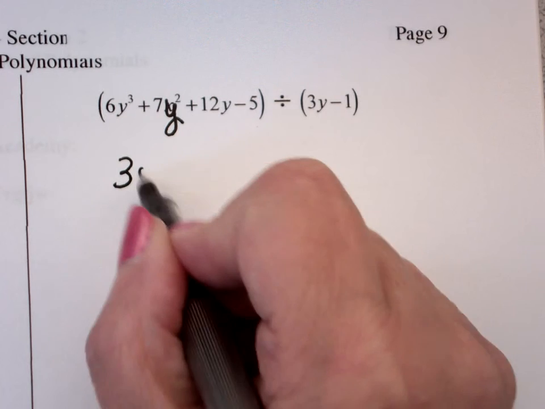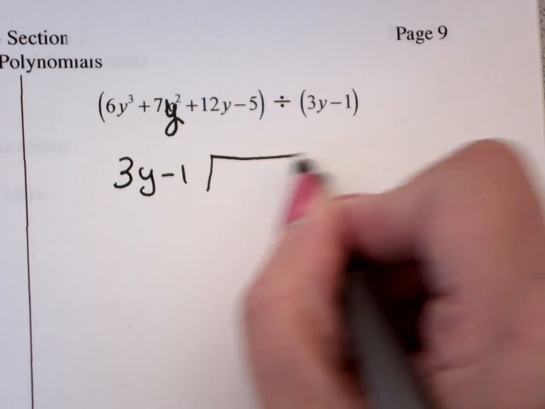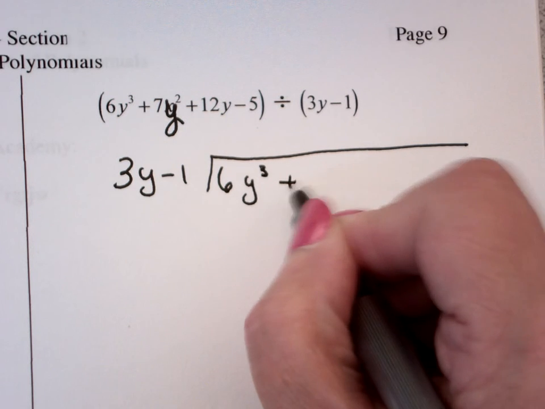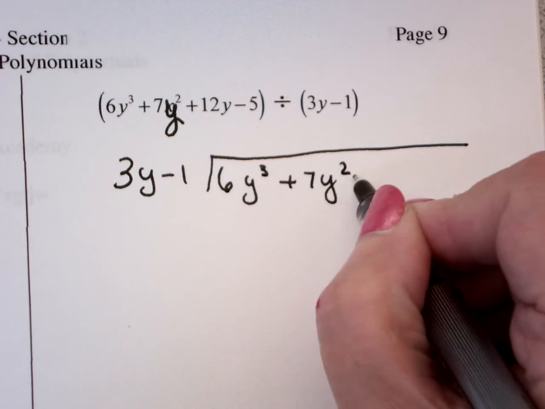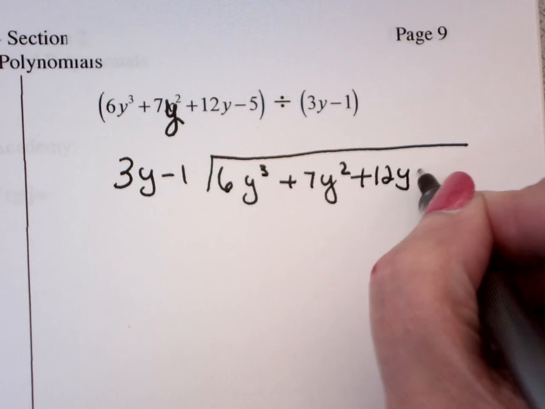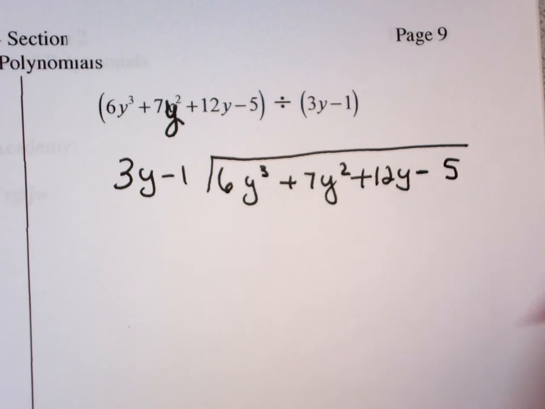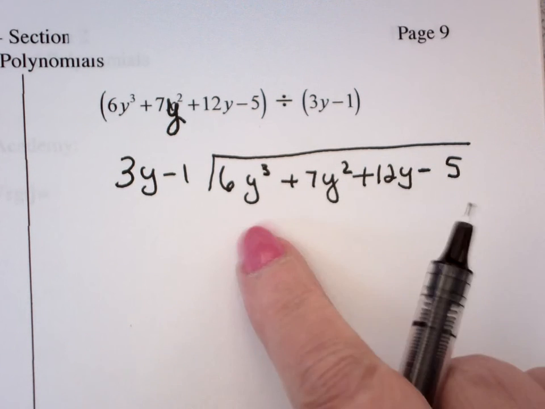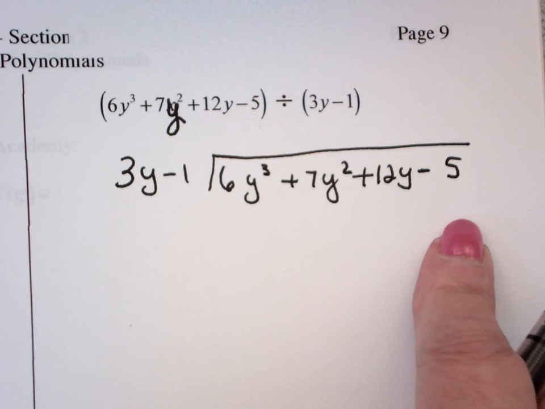So this would be 3y minus 1 divided into 6y cubed plus 7y squared plus 12y minus 5. All powers are accounted for. 3, 2, 1, constant.